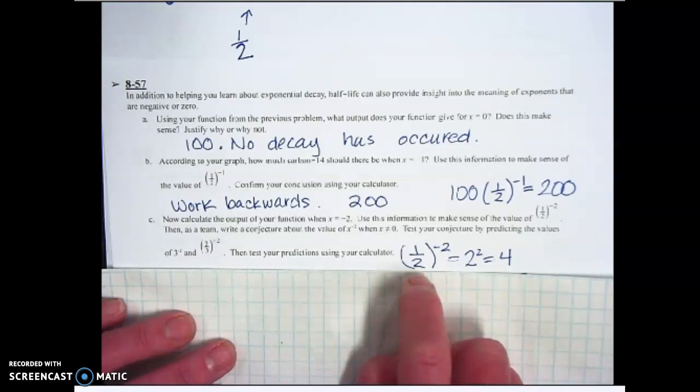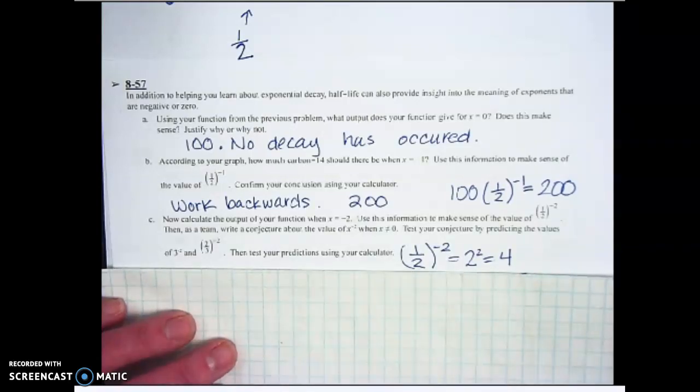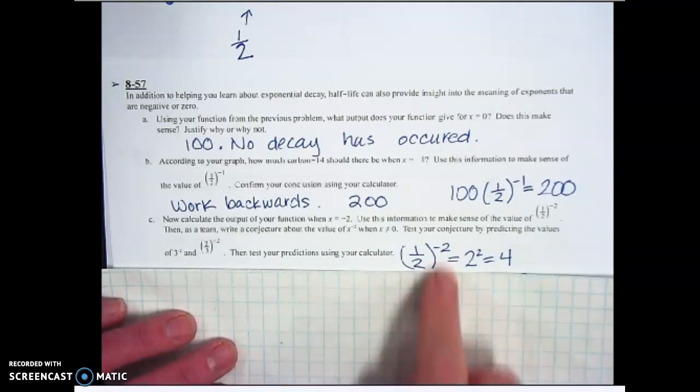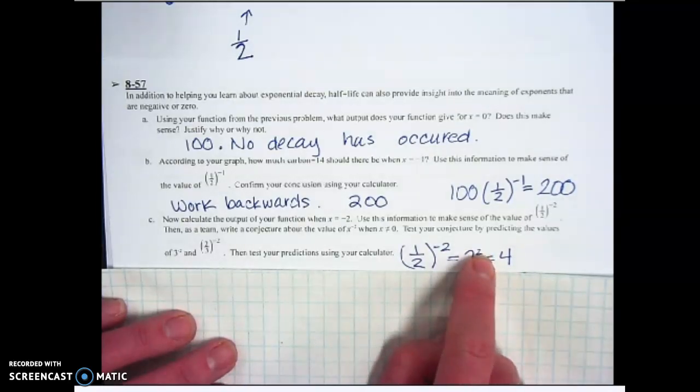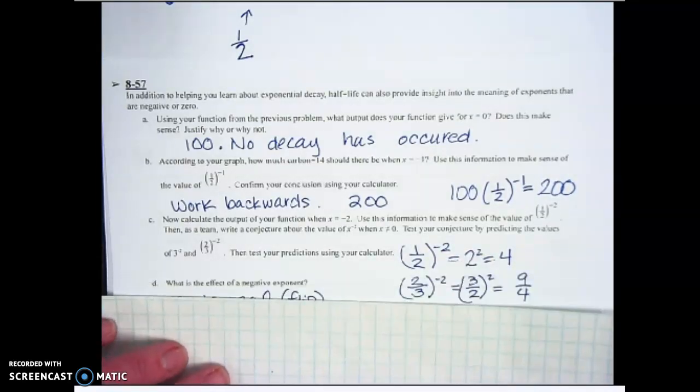There's a fancy math word for it, but there's a word that's not fancy math that would describe it really nicely. You're going to flip it, right? And the fancy math word starts with an R. Anybody know it? Reciprocal, yes. You're going to take the reciprocal, which is just 2, and then 2 squared would be 4.